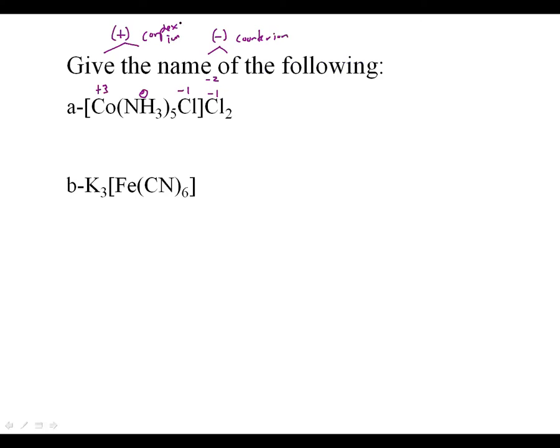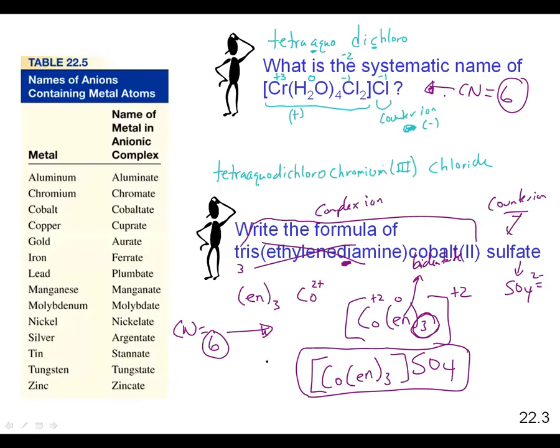How did I get 6 for the coordination number? Let's take a look. I'm assuming you're talking about perhaps the bottom one. So for the bottom one, it has to do with the ligand. The en ligand is the one that looks like this.